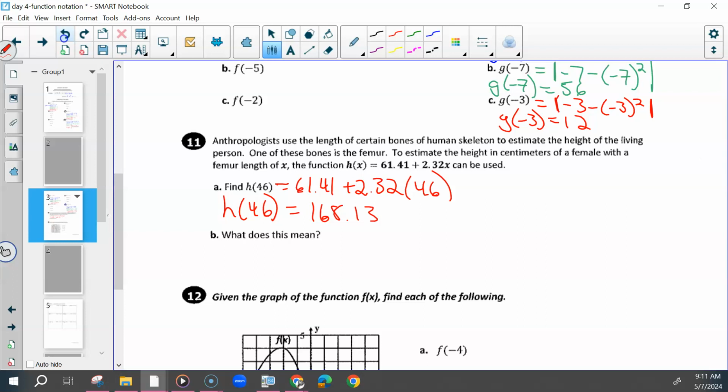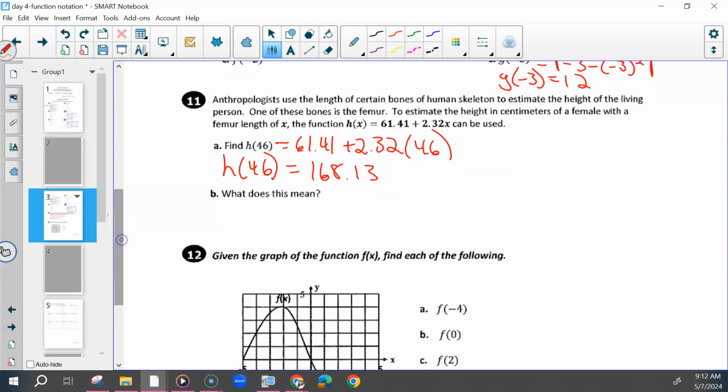What does the 168.13 mean? What does that represent? The height. So that's her height in centimeters. What about the 46?